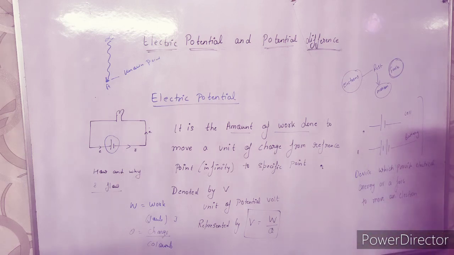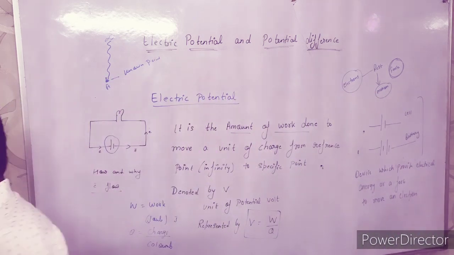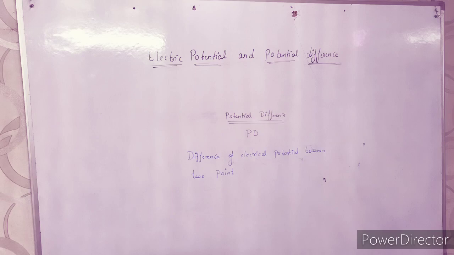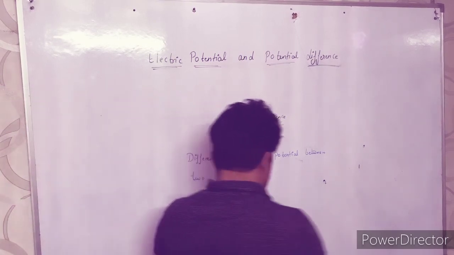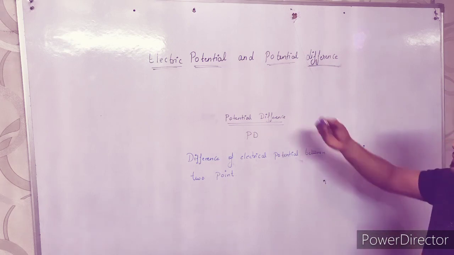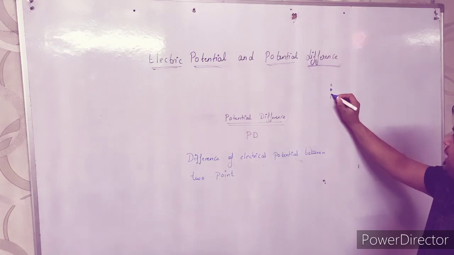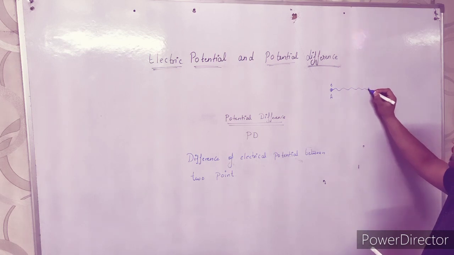So simple. Now the thing is, what is potential difference? So we start this topic. Now the potential difference. First of all, we revise what potential is. For example, here is the electron. This is the position A. We need to move this electron from this position to this specific position.